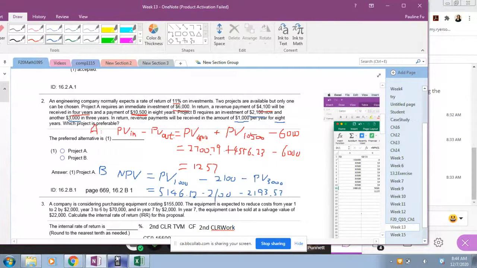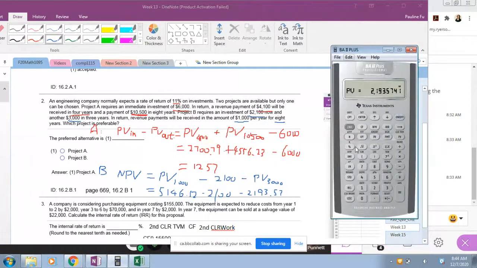So now I'm going to do this one here. I'm going to store this number and then recall this number.